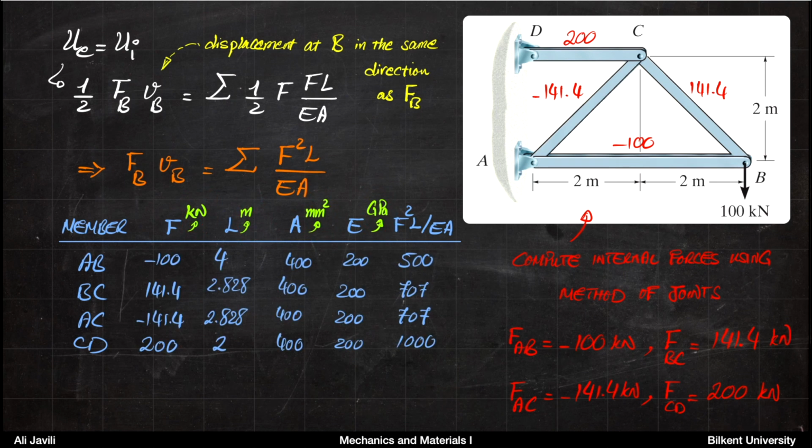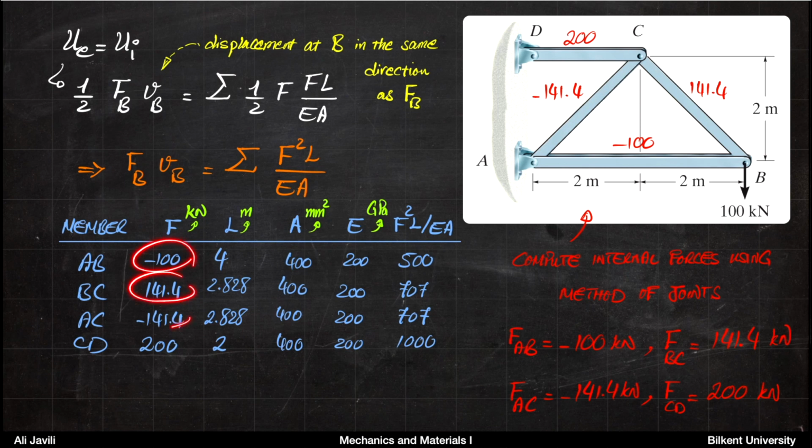So if you fill out the table, and it's a fairly simple table because all the members are made from the same material, so they all have E equals 200 gigapascal. They all have the same cross-sectional area. The lengths are not identical, but you can calculate them. So this one is 4, this is 2, and this one is 2. And these are 2 times the square root of 2 each.